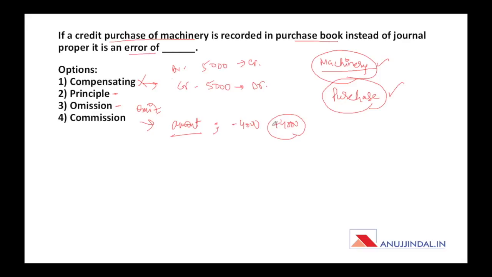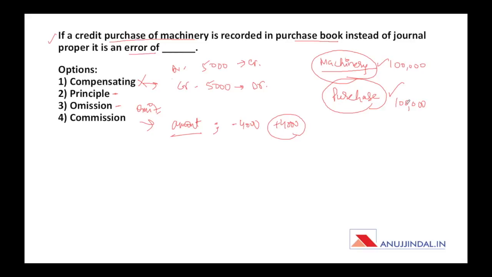It also shows in trial balance, but this particular error will not show in the trial balance, because the machinery, let's say, was for rupees 1 lakh. So instead of recording it in the machinery account, you recorded it in the purchase account, but the trial balance is going to tally.